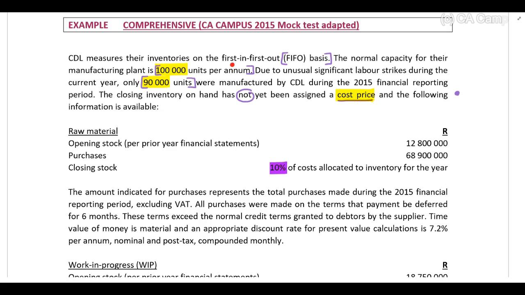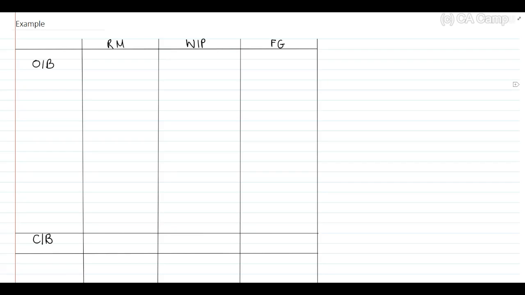Now guys, my first step will be to include my template. This is a clean set, therefore this will be my step 1. I will include my template, and in my step 2, I will start by including all of the information provided. They've indicated to us that the opening balance of my raw materials will be the 12.8 million, and I will include this amount.